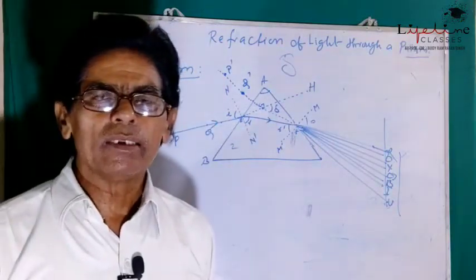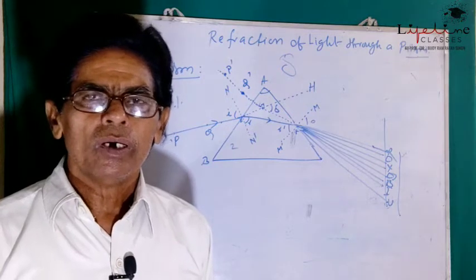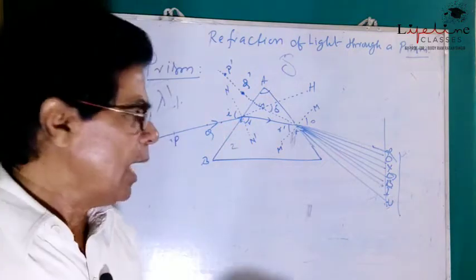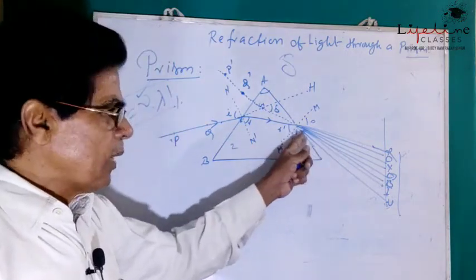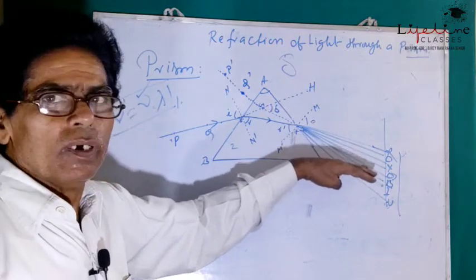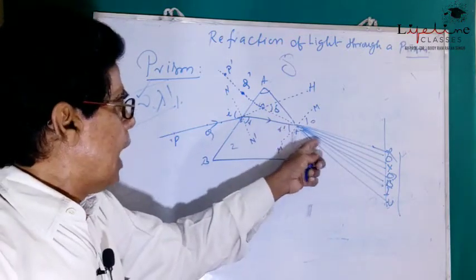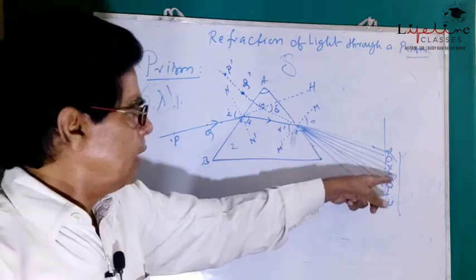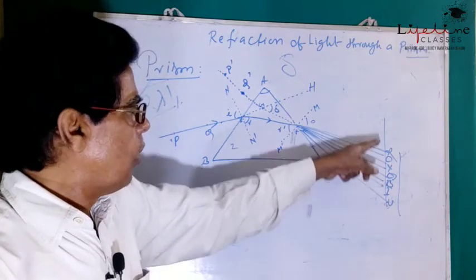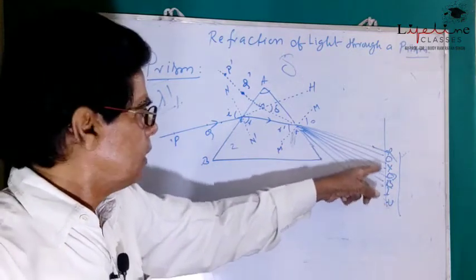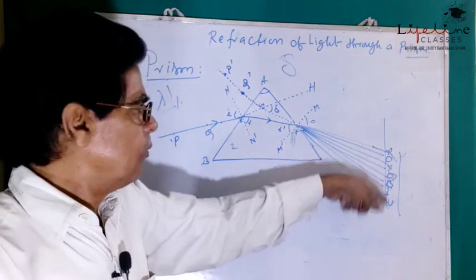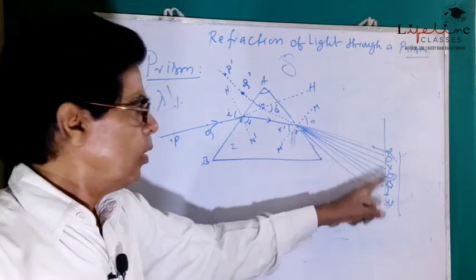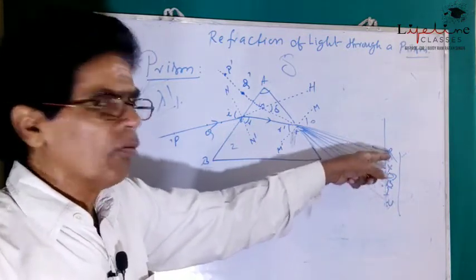So dispersion of light is also a case of refraction of light, and when the different components get deviated from their path at different angles, they get arranged according to the decreasing order of their wavelength, or increasing order of their frequency, but in decreasing order of velocity.